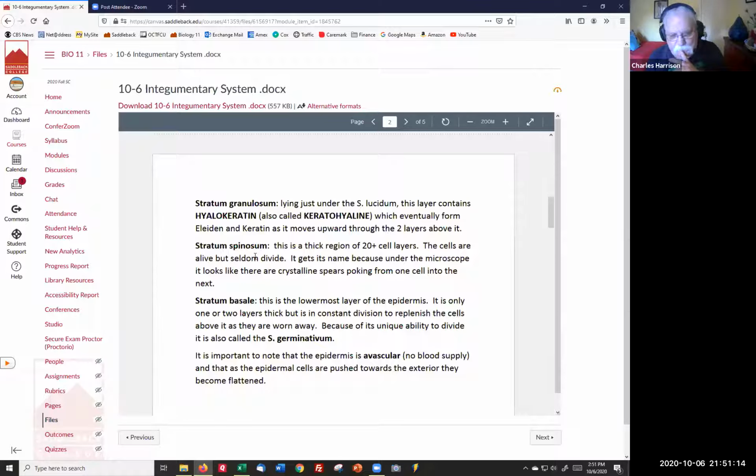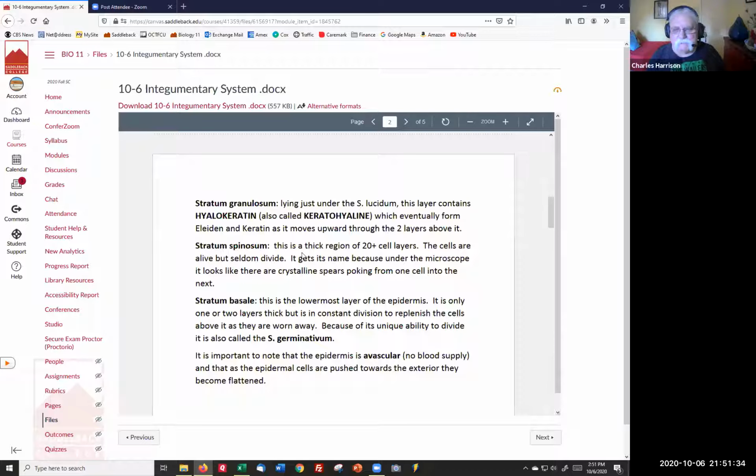So when you touch yourself anywhere or touch somebody else's skin, you're touching dead material. All of the epidermis, the outer four layers, are composed of dead cells.